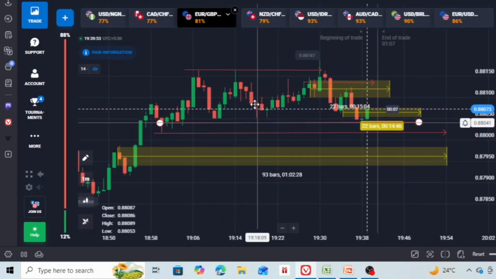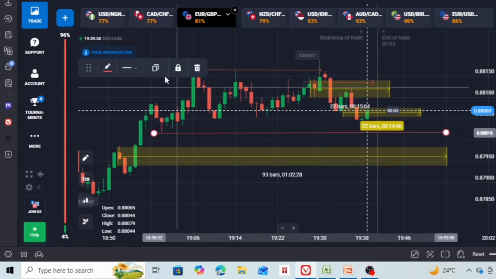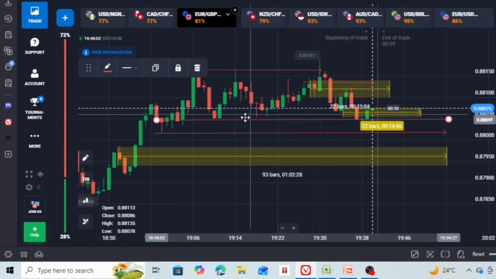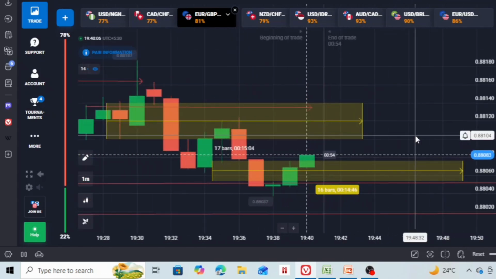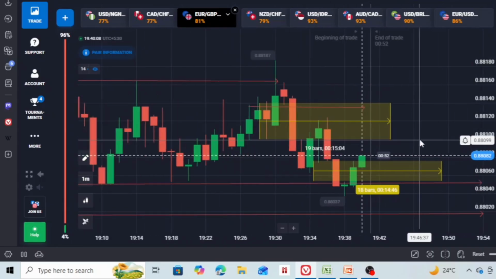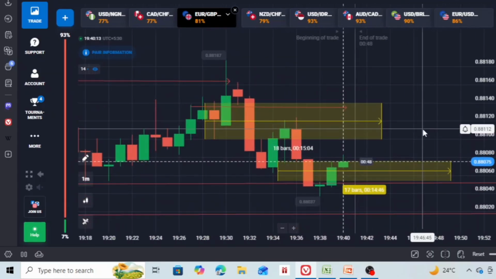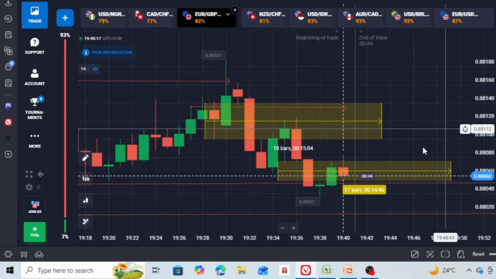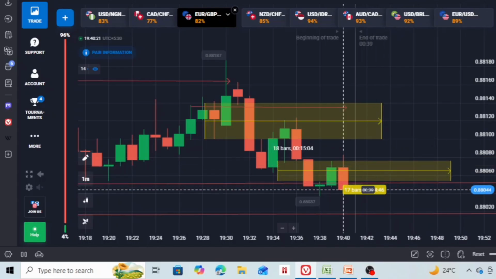It has a breakout. I can just delete this one and then put another one. So it has the breakout, and it is going down right now.